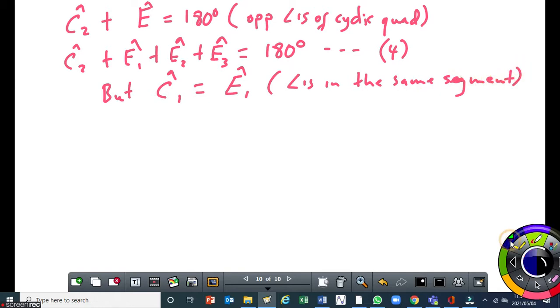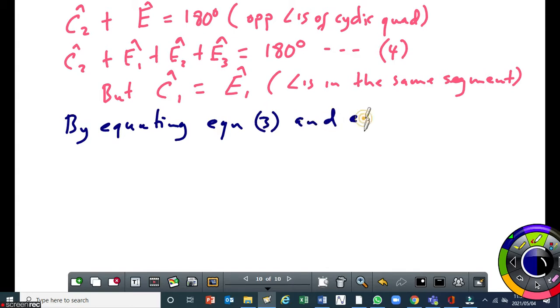Okay, so by equating equation 3 and equation 4, both equations have got 180 degrees on the right hand side. So I can equate the left hand side.